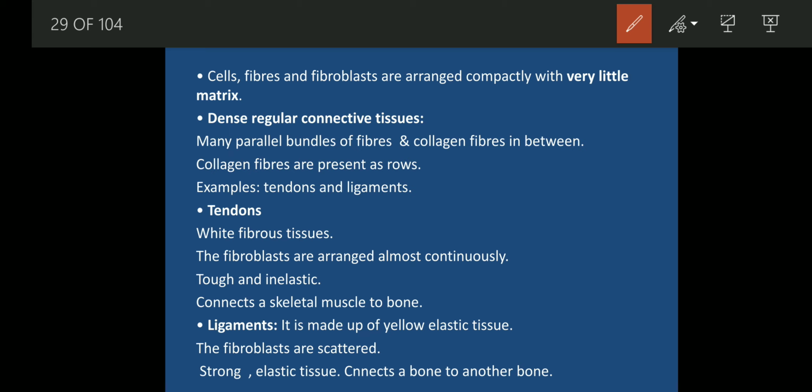The other one is ligaments. Ligaments consist of yellow fibers instead of white fibers. It means they consist of elastin proteins. Which protein? Elastin, right? These fibroblasts are scattered and responsible for providing elasticity, and ligaments are responsible for connecting bone with other bone.